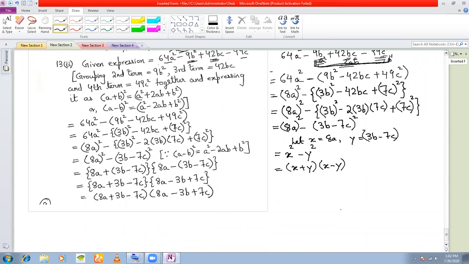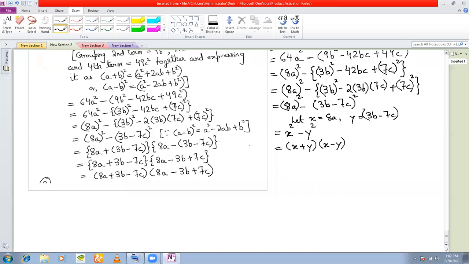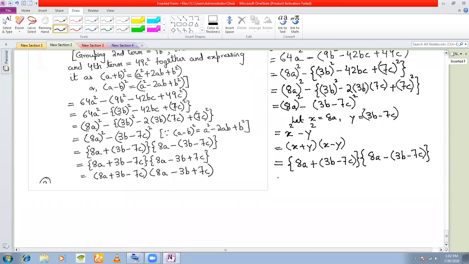Okay, and x is 8a, y is 3b minus 7c. Agreed or not? Yes, sir. So 8a minus y, y is 3b minus 7c. Now I'll remove the curly brackets, remove the brackets inside to get 8a plus 3b minus 7c.